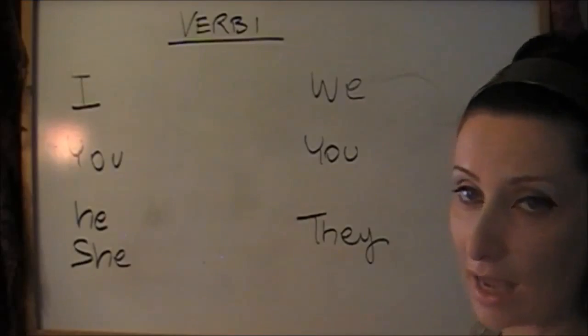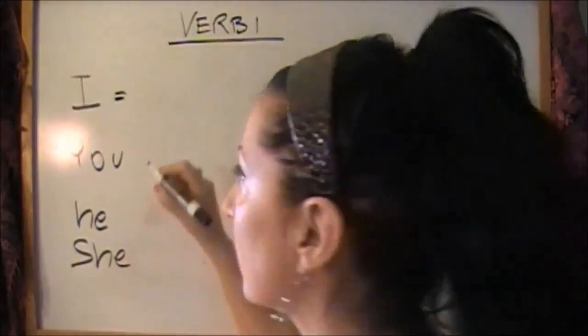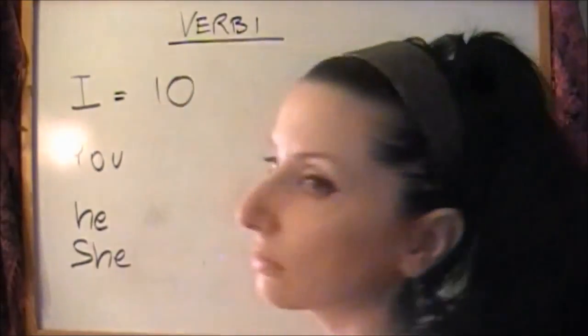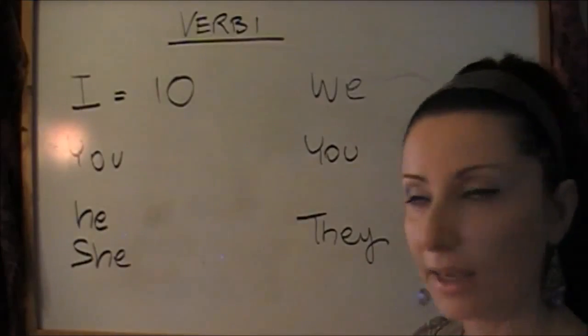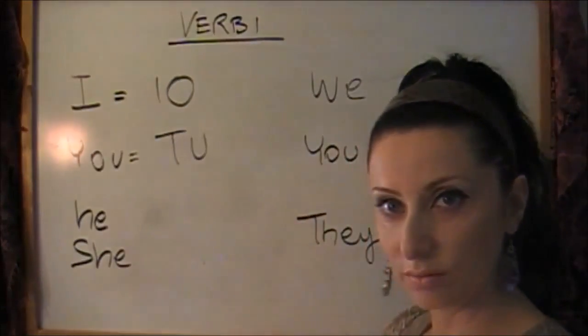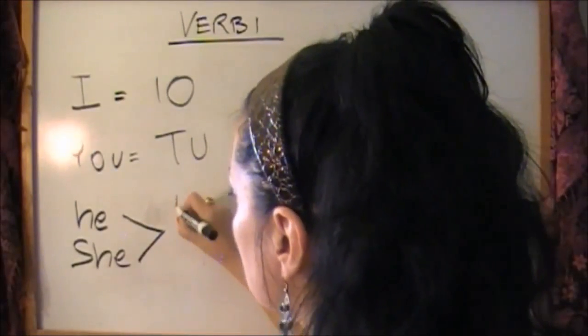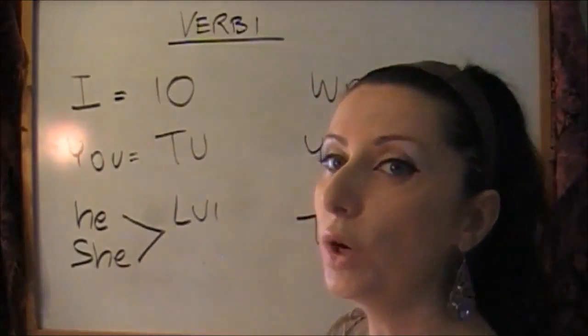Okay? Actually, the correspondent in Italian of those: I in Italian is io. Io means I. You in Italian is tu. He in Italian is lui.